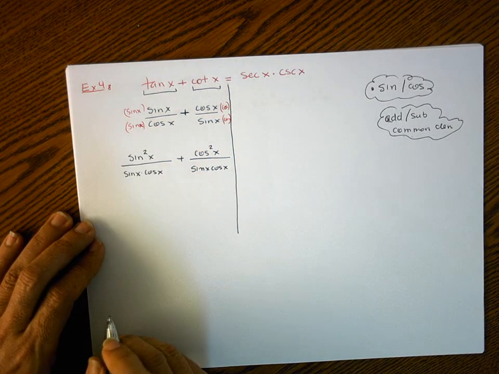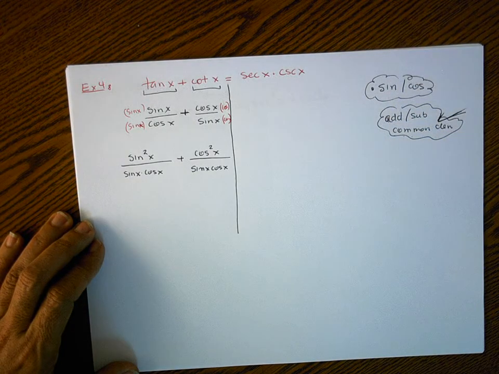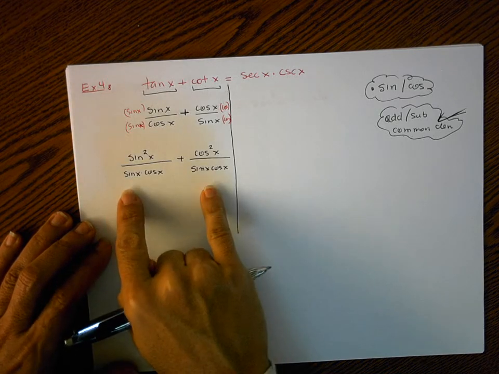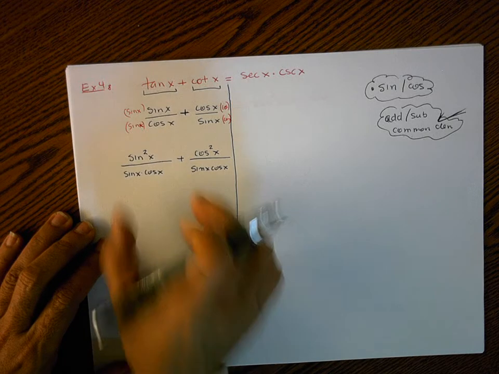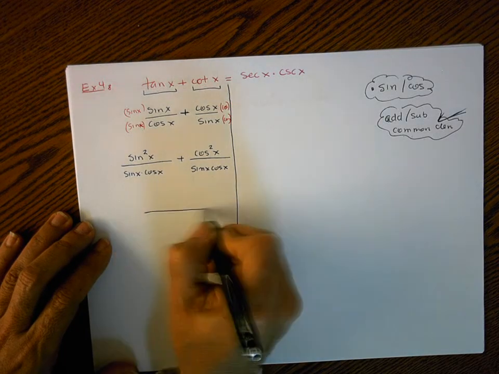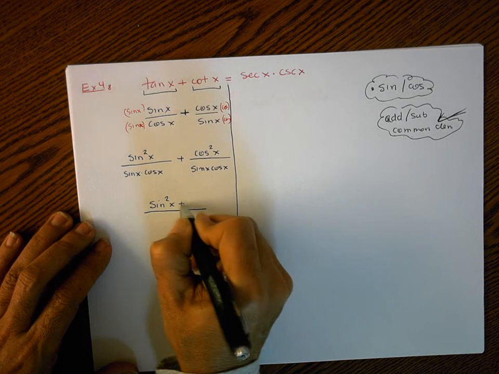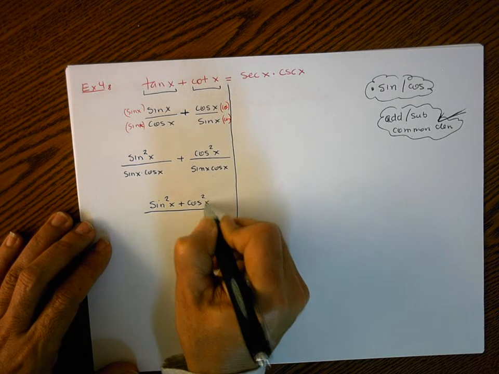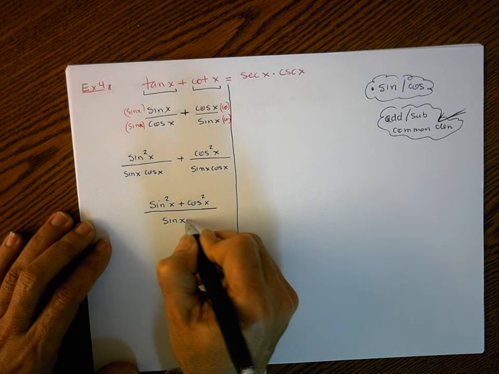So there we go. That's exactly what I had in mind right here. If I'm adding or subtracting fractions, I must have a common denominator. So successfully I got that. Then since I have common denominators, now I can add my numerators into one fraction. I have the sine squared of x plus the cosine squared of x all over the common denominator of sine of x times cosine of x.